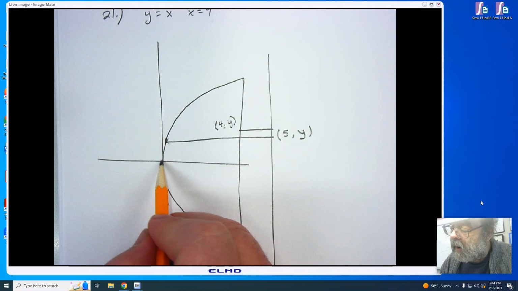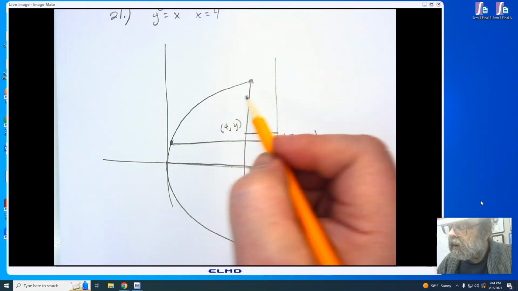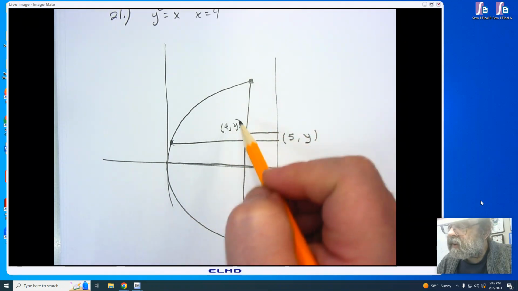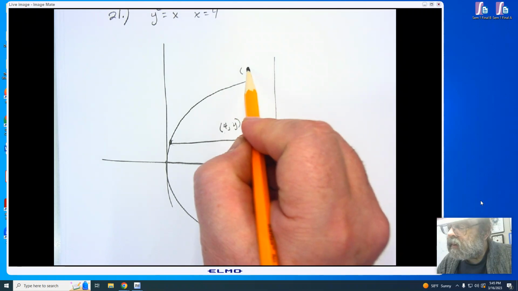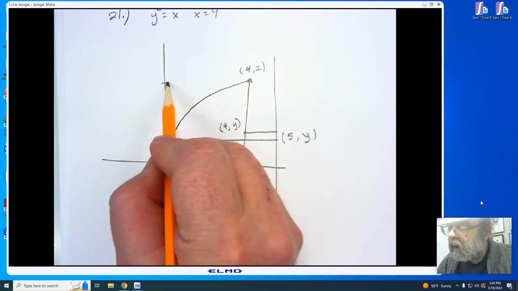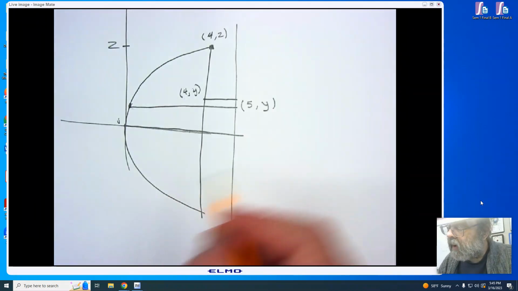Let's go from 0 up here. And this intersection 4 is the x, so this would be 2. So this is 4 comma 2. And I'm going to integrate from 0 to 2, and I'm going to double my volume.